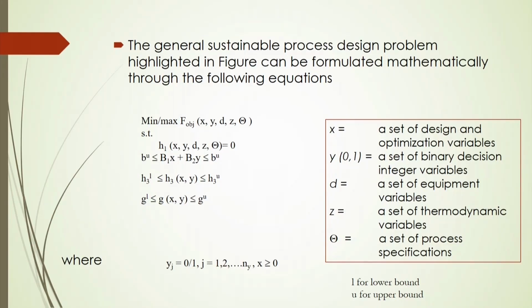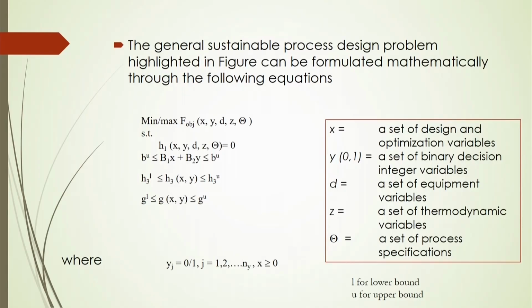And under the limits of upper bound and lower bound, b lower bound should be less than or equal to b1 x plus b2 y, which should be less than or equal to b upper bound. And also some other parameters like h3, a function of x and y, within an upper and lower bound of h3 l to h3 u, and also g l to g u, where g is again a function of the operating variables.